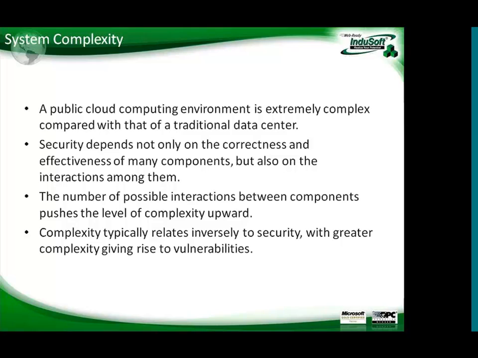The sheer number of possible interactions. If you look at the infrastructure of a cloud, they have network-based storage. They have multiple network infrastructures. They have multiple servers on multiple subnets. And again, it's the sheer number of interactions between the resources that makes them more complex.